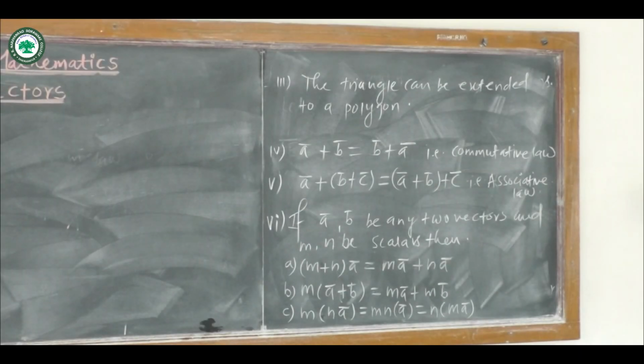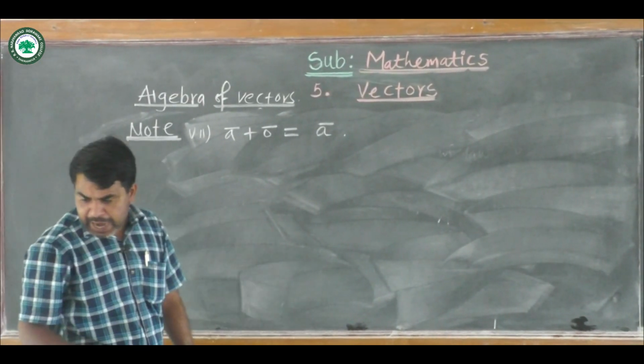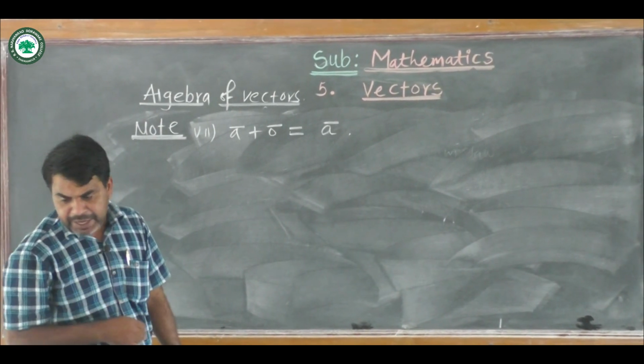Seventh one. A bar plus 0 vector is equal to vector A, and that is called additive identity.